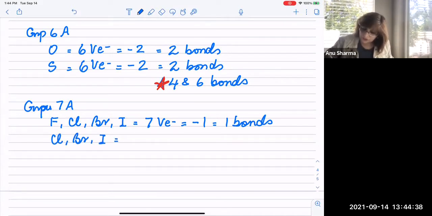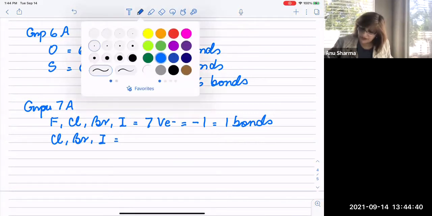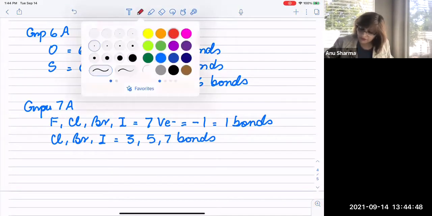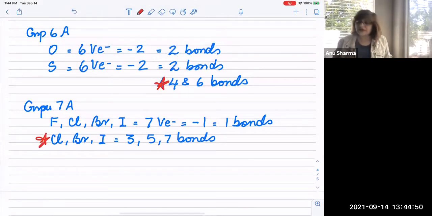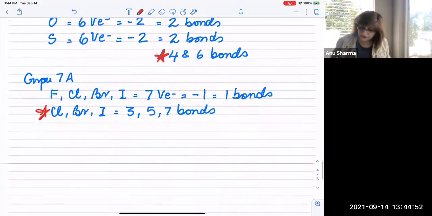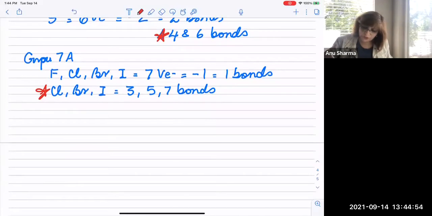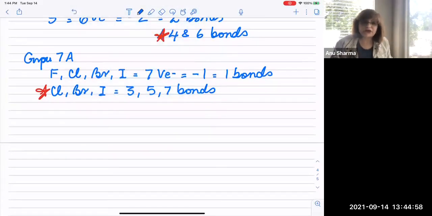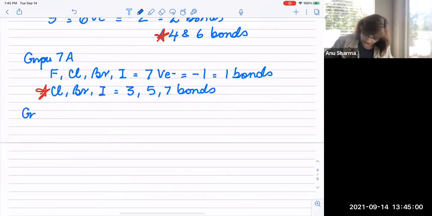They can also make 3, 5, and 7 bonds. And when does that happen? When they combine with other elements that have a higher electronegativity. Why I'm telling you all this is because this is where the polyatomic ions are formed.